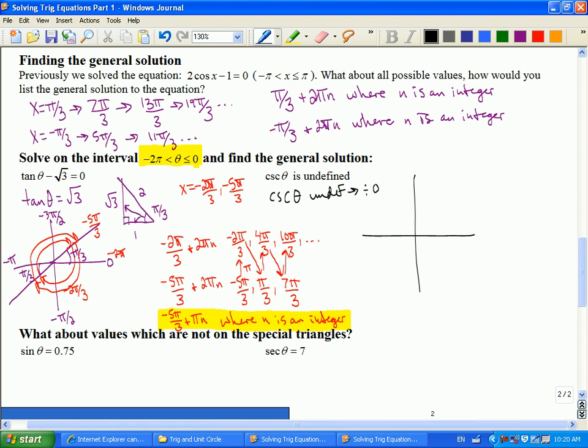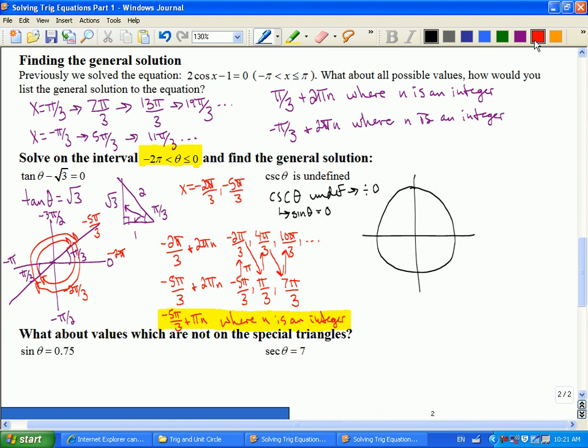And do you guys remember, what's cosecant connected to? Yeah. And how are they related? Reciprocal. So if the sine theta is 0, when you flip it, the cosecant's undefined. So if you make the connection back to them, I'm going to be looking on the unit circle for where the sine of theta is 0. So let's draw that picture in here.